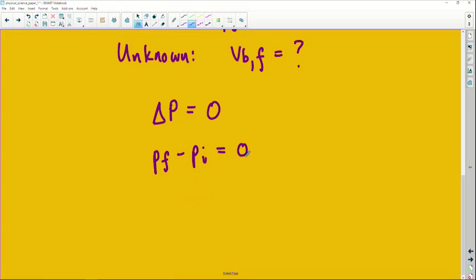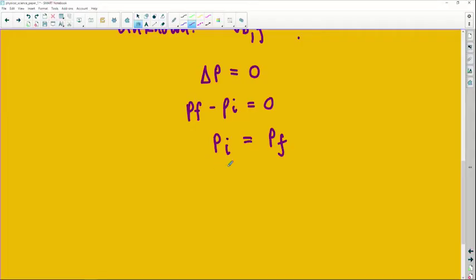And then we can take this equation and rewrite it as the momentum in the end is equal to the momentum in the beginning. So let's look at the initial amount of momentum.